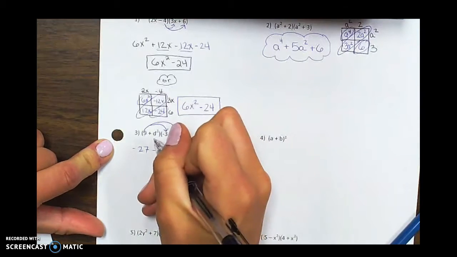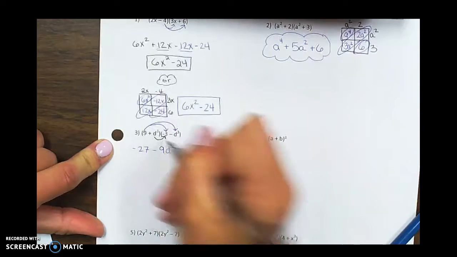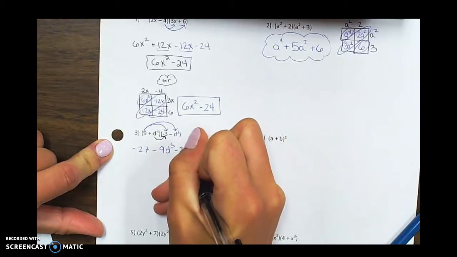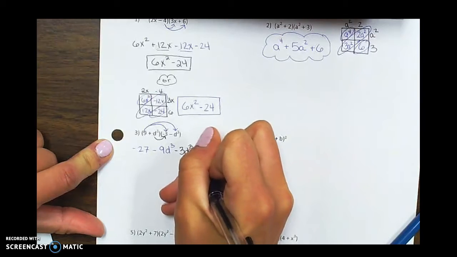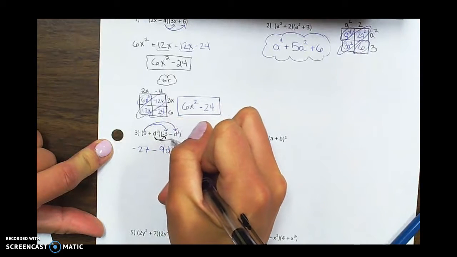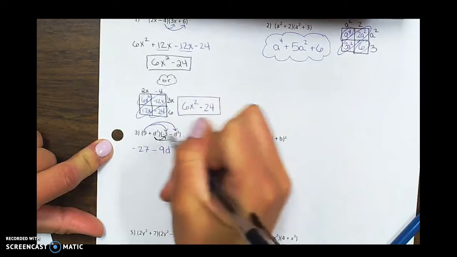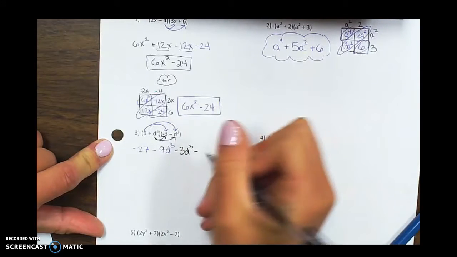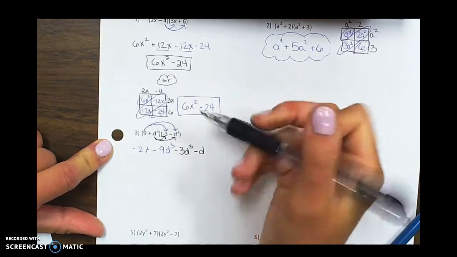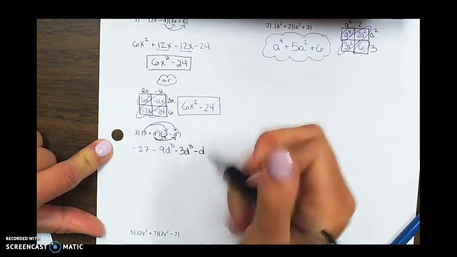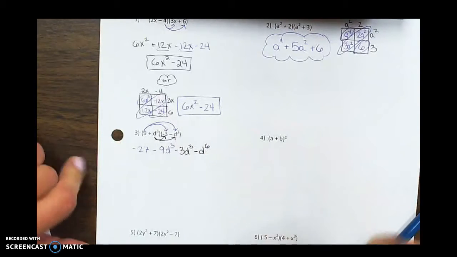Then I go to my second term, d to the third times negative 3 becomes negative 3d to the third. And then d to the third times negative d to the third, so a positive times a negative is a negative d. When you multiply, you add the power, so 3 plus 3 is 6.